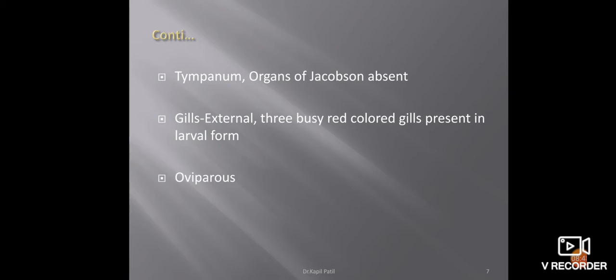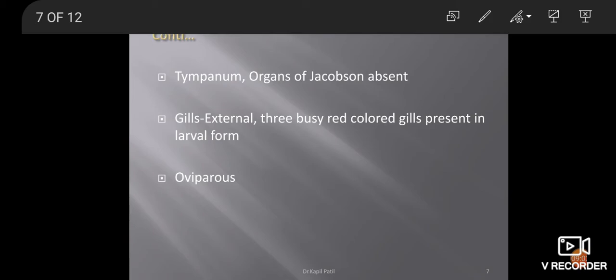Jacobson's organ is also a chemoreceptor that helps in searching for food, and it is also absent in order Urodela. External red bushy gills are present in the larval form, as I already explained. Then oviparous, egg laying: this animal lays eggs.